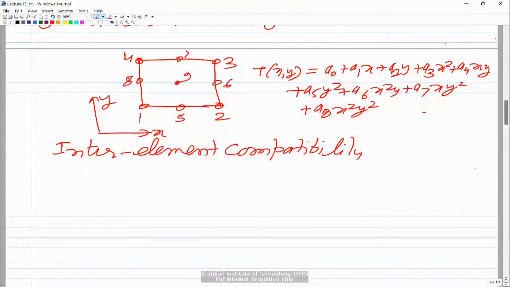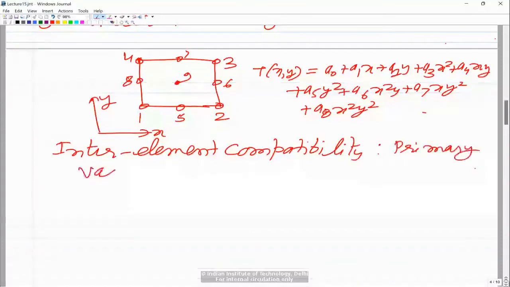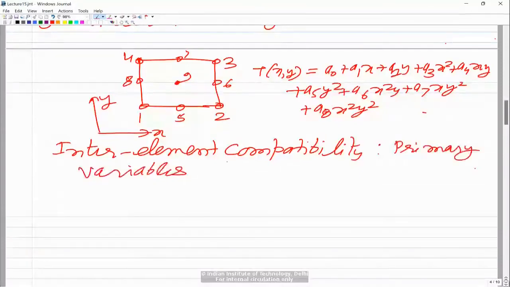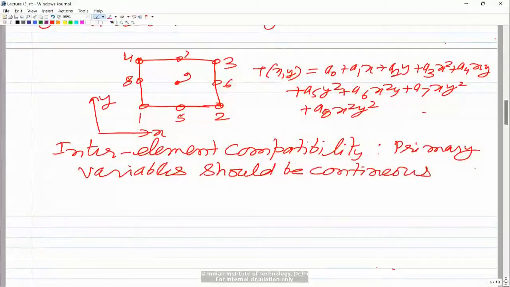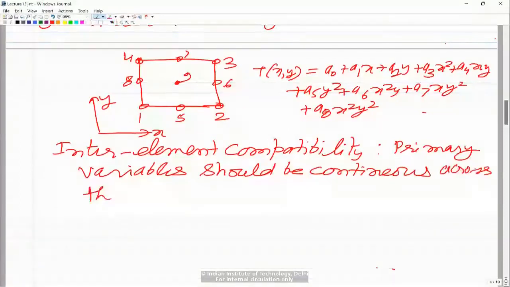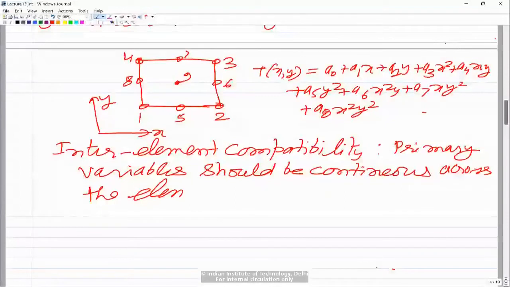What it basically states is that primary variables should be continuous across the element common edges.